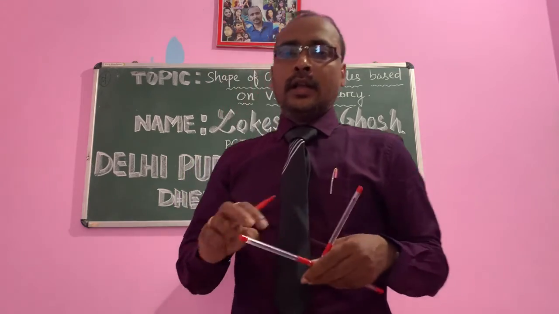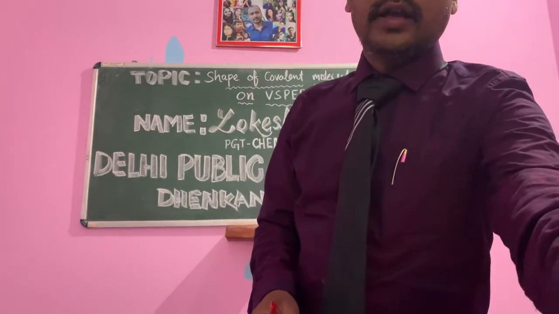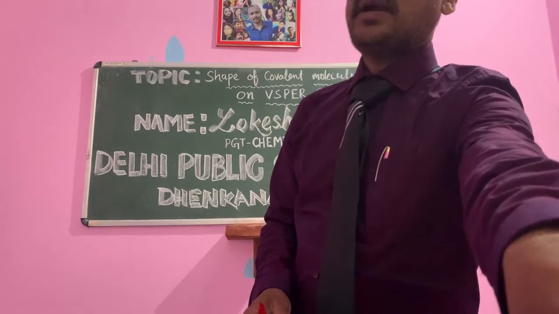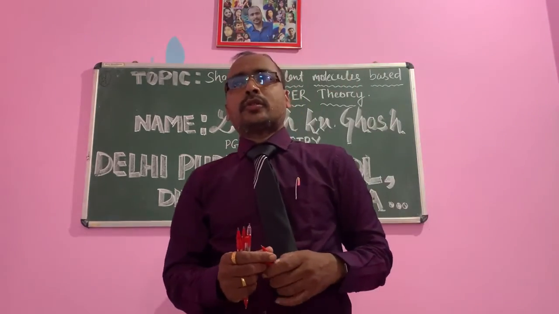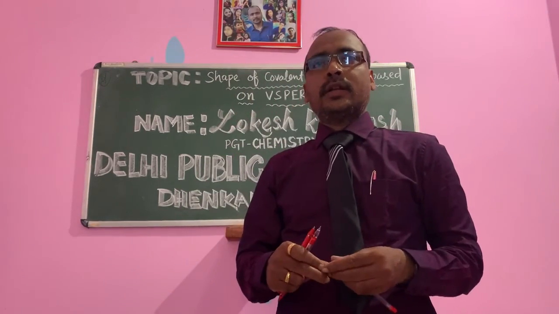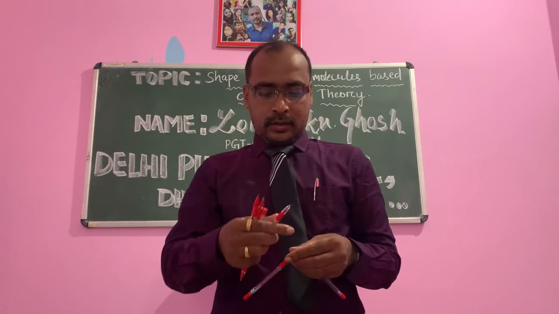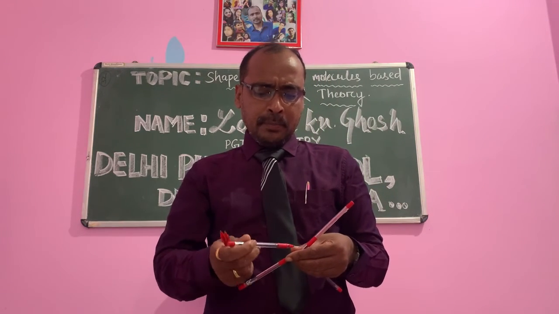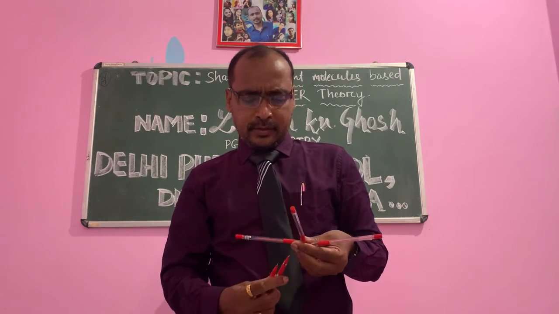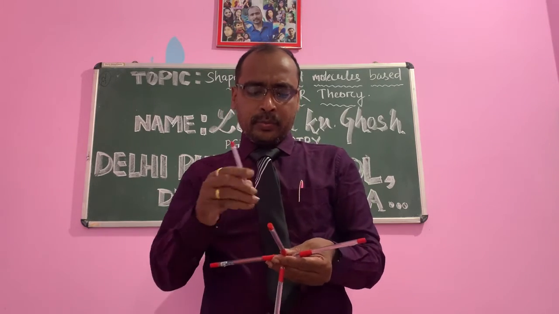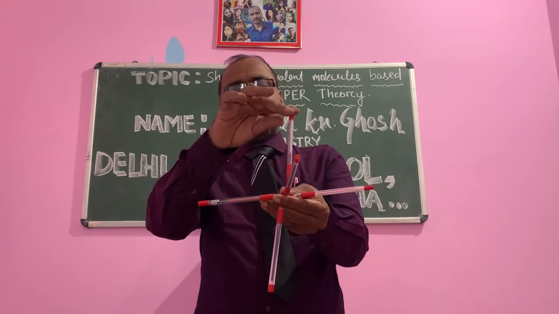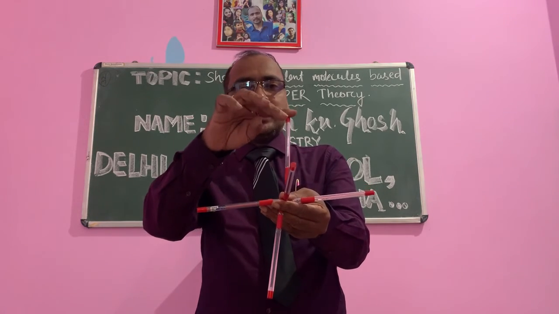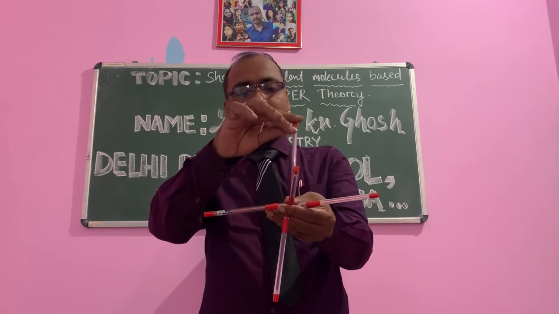Then the last one is the AB5E type. For AB5E, again we draw the octahedral geometry, then from that octahedral we can draw the shape of AB5E type. AB5E type means only one lone pair is present. That is the AB6 type, octahedral or square bipyramidal.